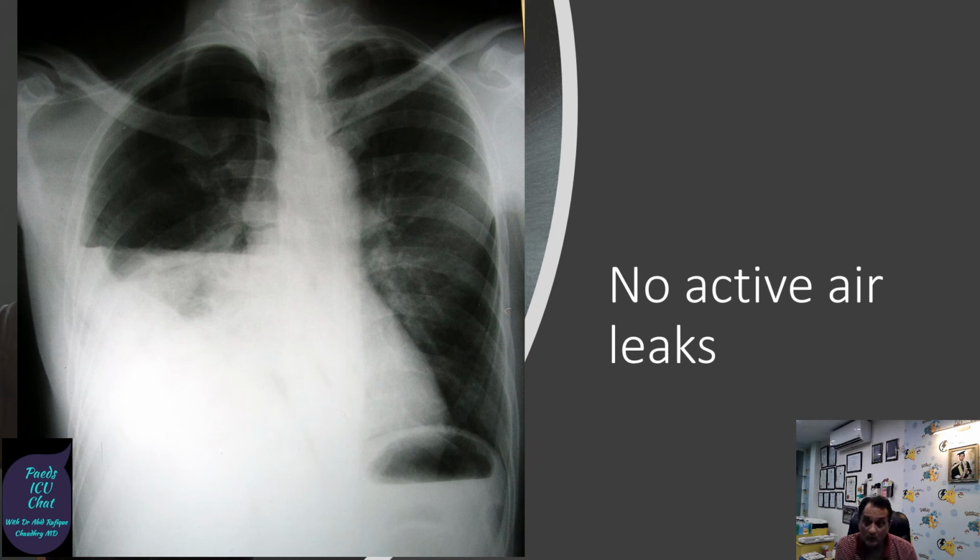So there should be no active air leaks, like someone not having a pneumothorax on X-ray. You are extubating, so you should see the X-ray in the morning when you plan for extubation. And normally these patients we plan in the evening, especially if you are ventilating someone for a couple of days.